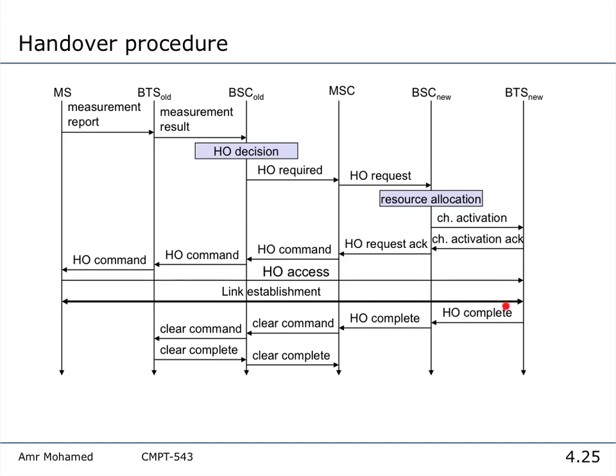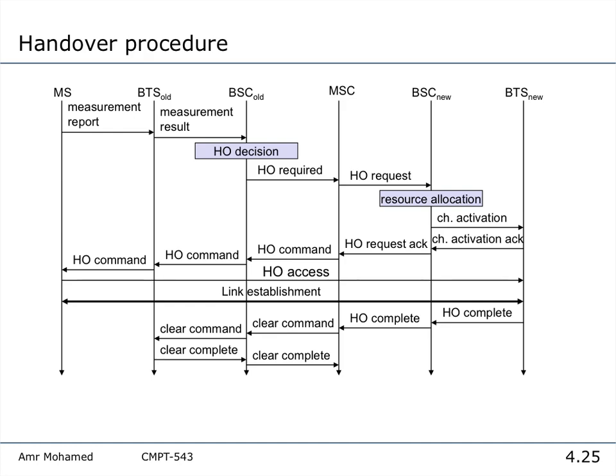After this link establishment, we can start to consume the resources on the new BTS that have been allocated, okay? After we establish the link, this means that the service has moved completely to the new BTS. Only then we go back and say handover complete, which has to go all the way back to the old BTS to clear the resources. Only then can we clear the resources.